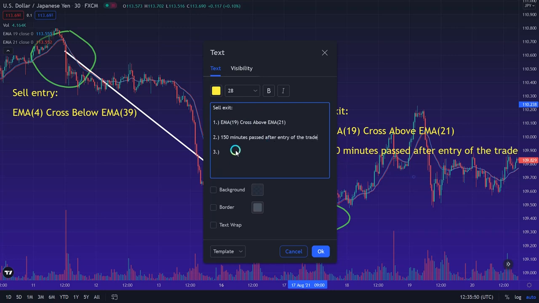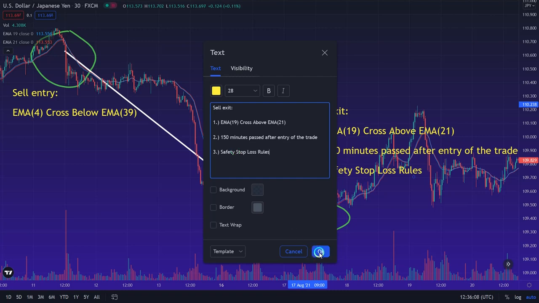Okay, and after that we have our third condition. It is the same as with the buy exit, and all these three rules are really important, because these three rules are basically the core of the strategy.